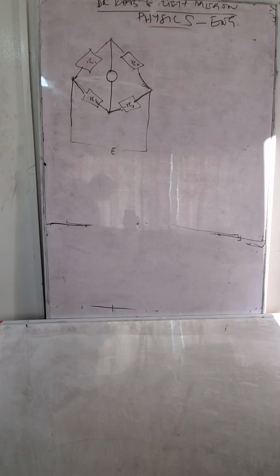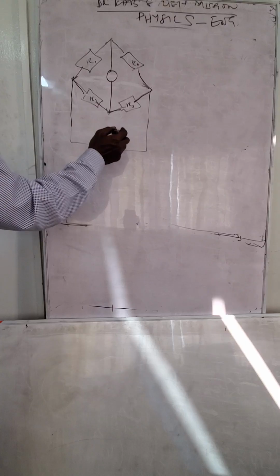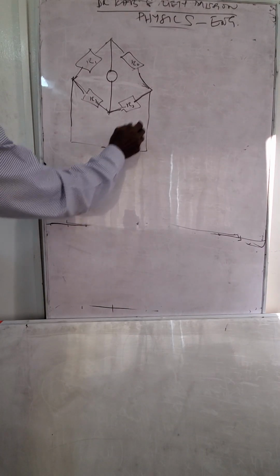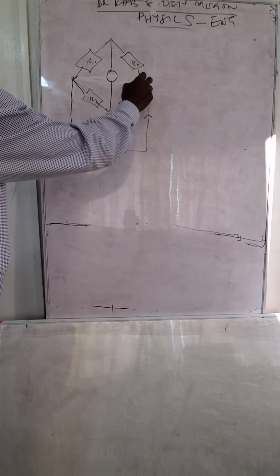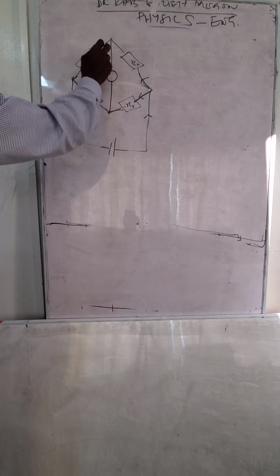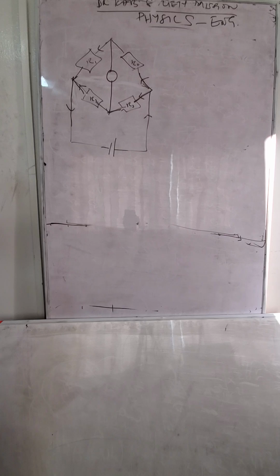Right, if you look at it from this diagram, let's assume this is a cell. Current is coming, splits here, splits that way, then comes that way, and comes back.